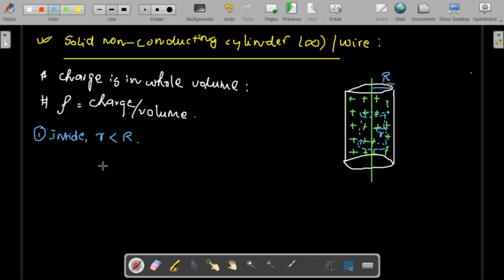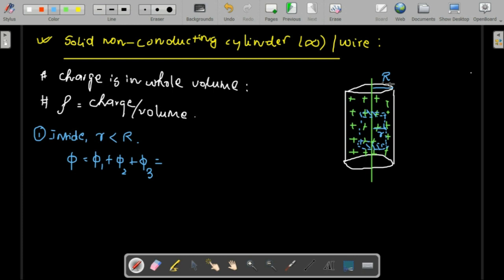The approach will more or less remain the same, and just like yesterday we said that the flux will be made of three parts: phi 1, phi 2, phi 3. Same logic here. For phi 1 and phi 2, these two end surfaces, the area vector is perpendicular to the electric field, so that vanishes.